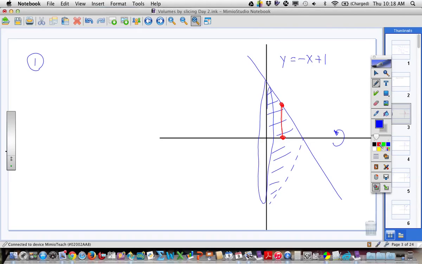And our slice, if we were to slice it, would look something like that, a little slanted, but that would be a slice. Slice, slice, slice, like so. This would be a slice, and it would be a circle. And this strip is what? The radius of that circle.